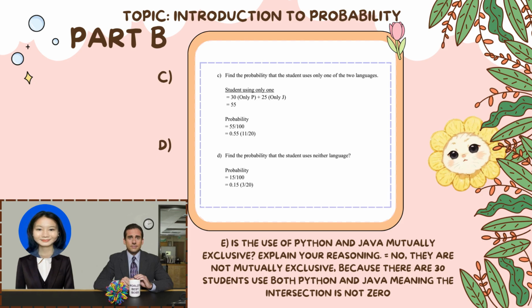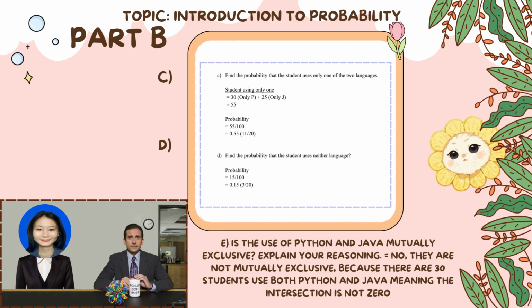For question D, we find the probability that a student uses neither language. Since 85 students use at least one language, the remaining 15 students out of 100 use neither. This gives us a probability of 15 over 100, which is 3 over 20.